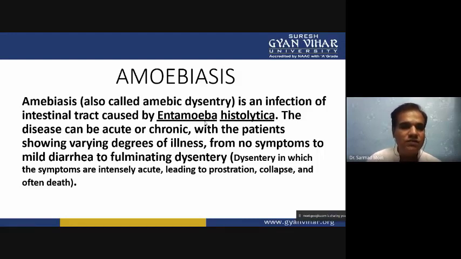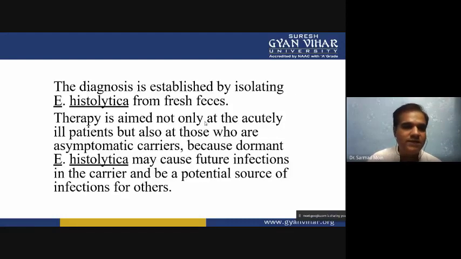Patients show varying degrees of illness, from no symptoms to mild diarrhea to acute dysentery, and if the Entamoeba infection spreads to nearby organs, the symptoms will also increase. So according to the degree, we have to treat it. Diagnosis is established by isolating Entamoeba histolytica from fresh feces. We analyze the fecal sample under the microscope, and we can easily see the Entamoeba histolytica.